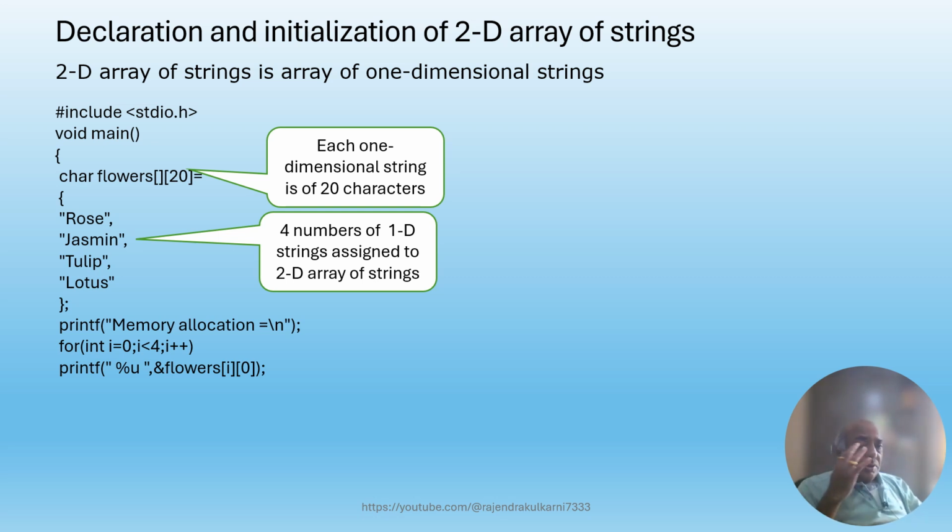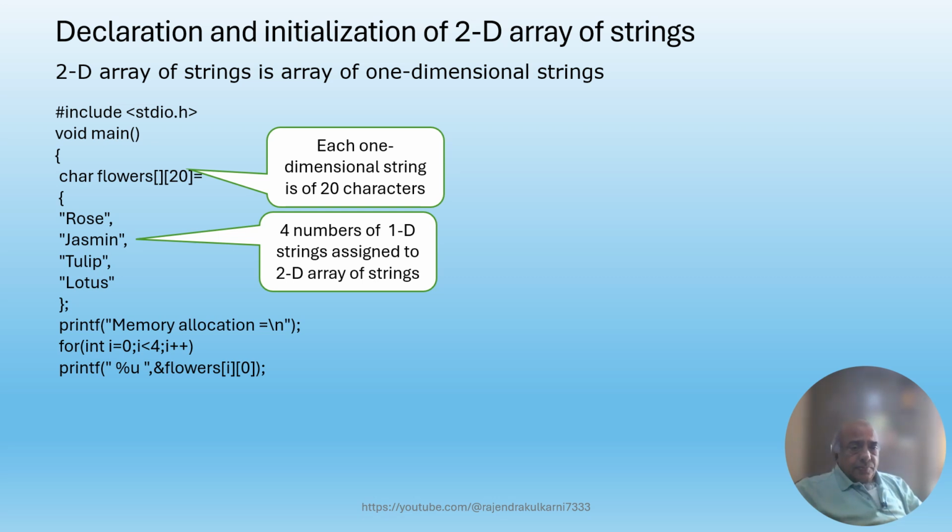Please see printf %u and &flowers[i][0]. So we are accessing the addresses using the address of operator, and we are only accessing the 0th element of each 1D string, using the notation ampersand flowers, subscript i, subscript 0.